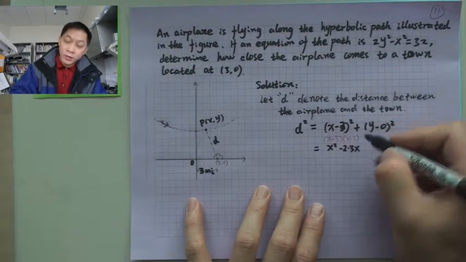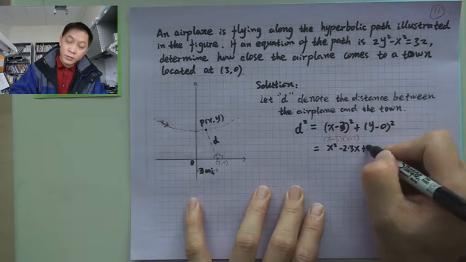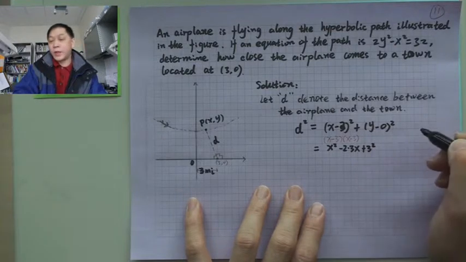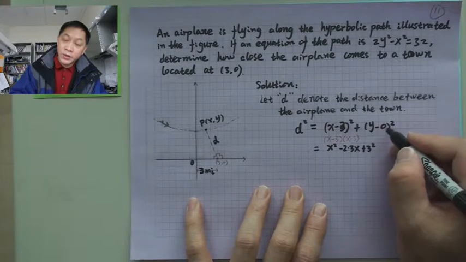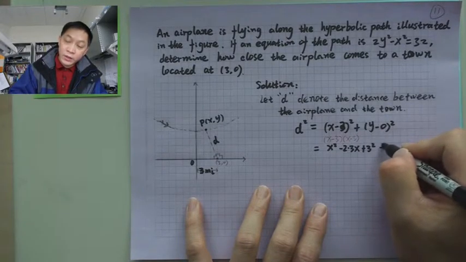Negative 3 times negative 3 is 3 squared, which is 9. And (y minus 0) squared is just y squared.